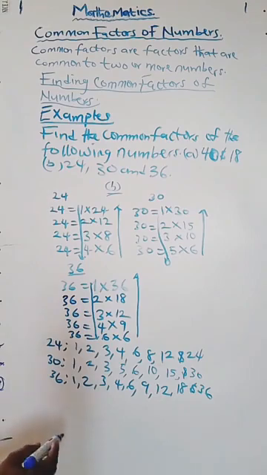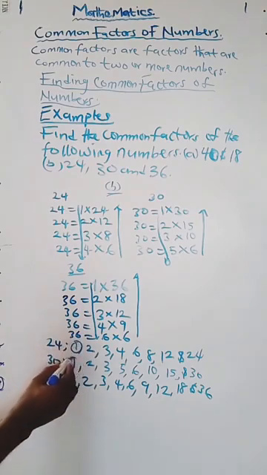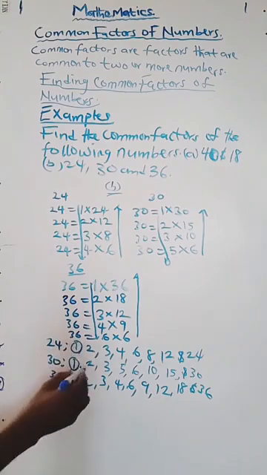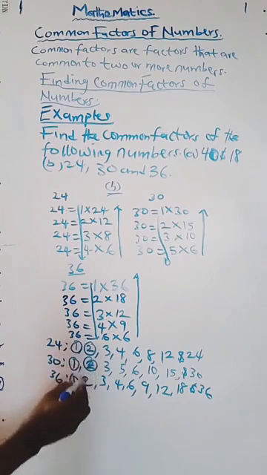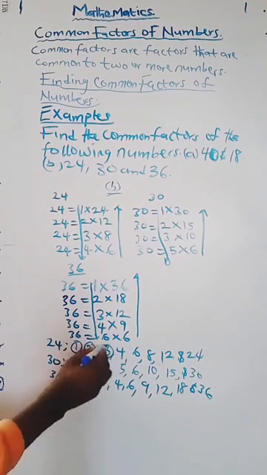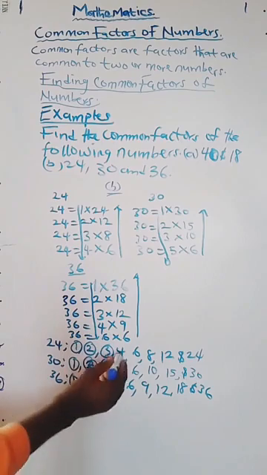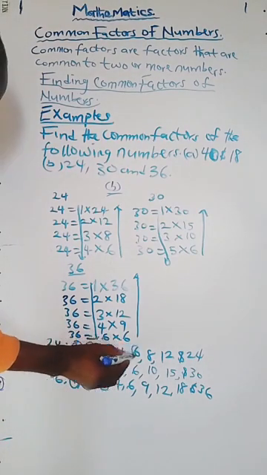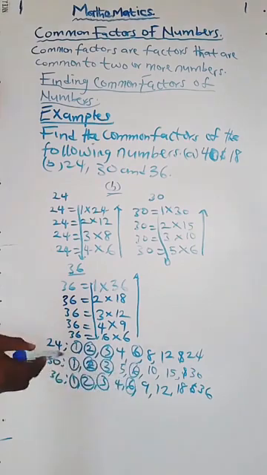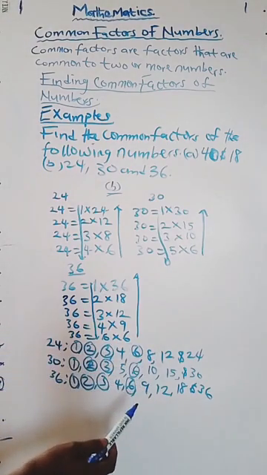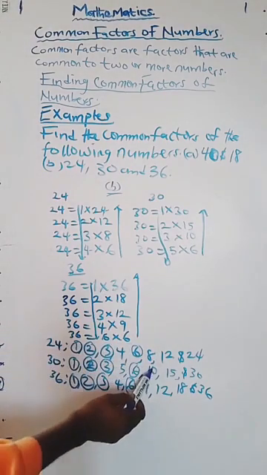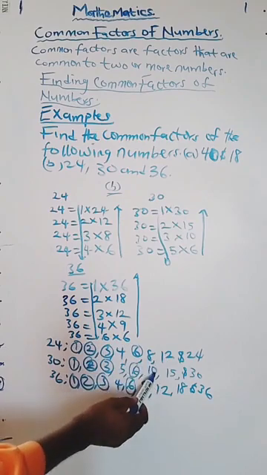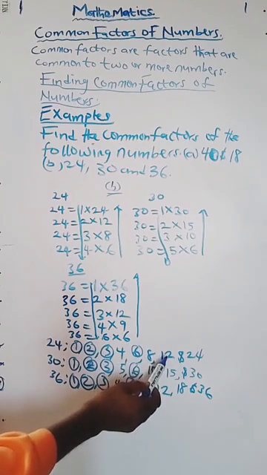Now look at the common ones. 1 is common to all of them, so we pick it. 2 is common to all of them, we pick it. 3 is common to all of them, we pick it. 4 is here, 4 is not here, 4 is there. We can't pick it. 6 is common to all of them, we pick it. 8 is here, not here, not here. 9 is here, not here, not here. 10 is here, not here, not here. 12 is here, not here, but it's here.